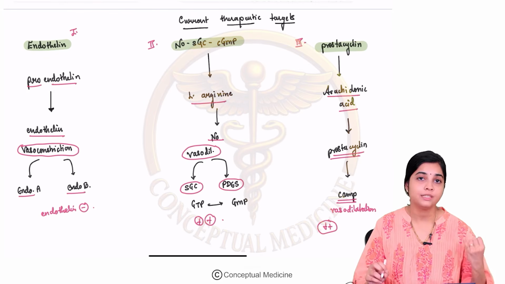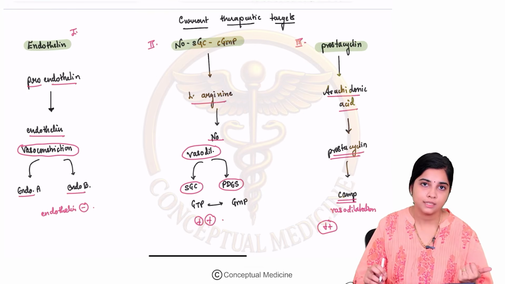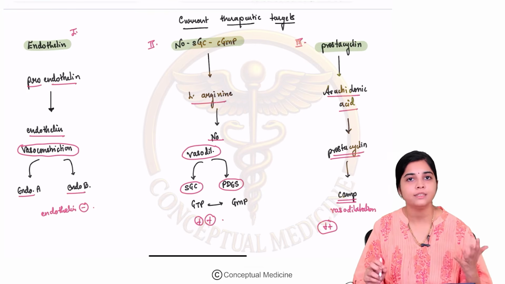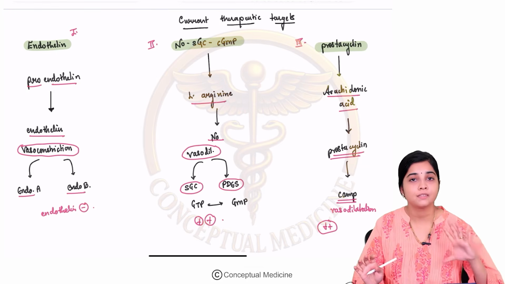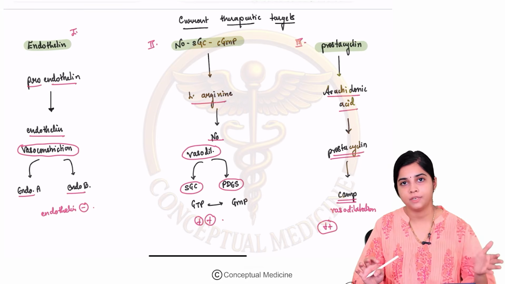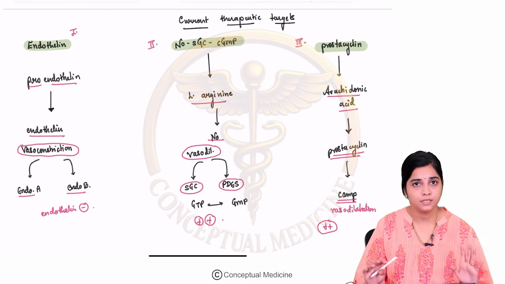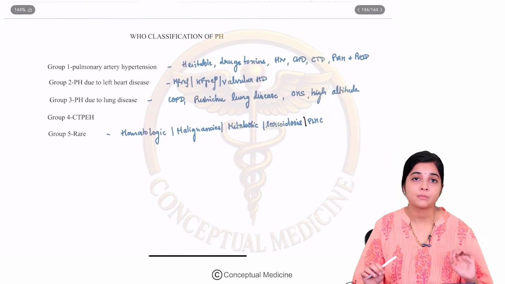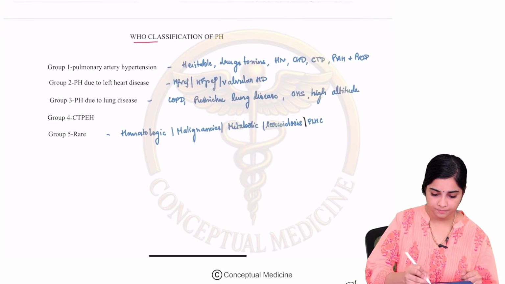So we give endothelin receptor blockers, we give stimulators of guanylate cyclase or phosphodiesterase 5, or we give prostacyclin analogs, which help in vasodilatation and reducing the vasoconstriction. This is the basics by which the various drugs are developed in the treatment of pulmonary hypertension. Alright, clear till here.